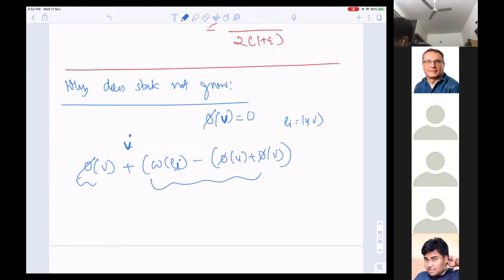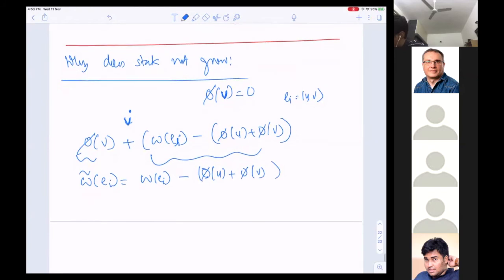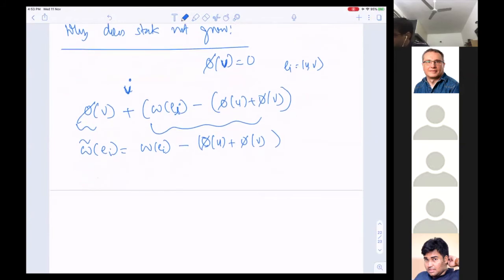But what do you know about this residual weight? Remember, what was this? This is what was there. Now, what can I say about this? Well, this is greater than or equal to phi V. And why did we go here?